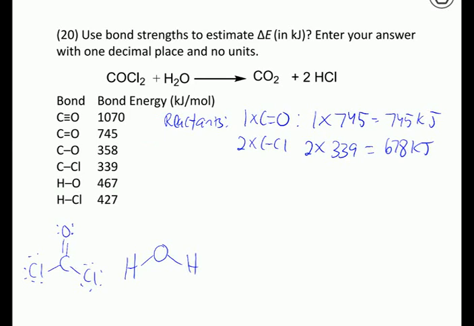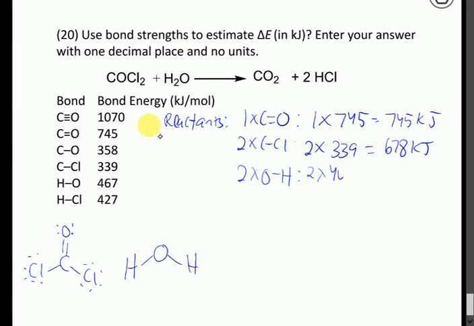Remember, we have to count each bond individually. So there's one bond to this first hydrogen, another bond to the second hydrogen, H2O. So we have 2 bonds. Remember, the total number of bonds will be n minus 1. So if you have 3 atoms, like we have in H2O, we have to have 2 bonds holding those 3 together. Okay? So when we do that with 2 OH bonds, it's going to be 2 times 467, which is 934.